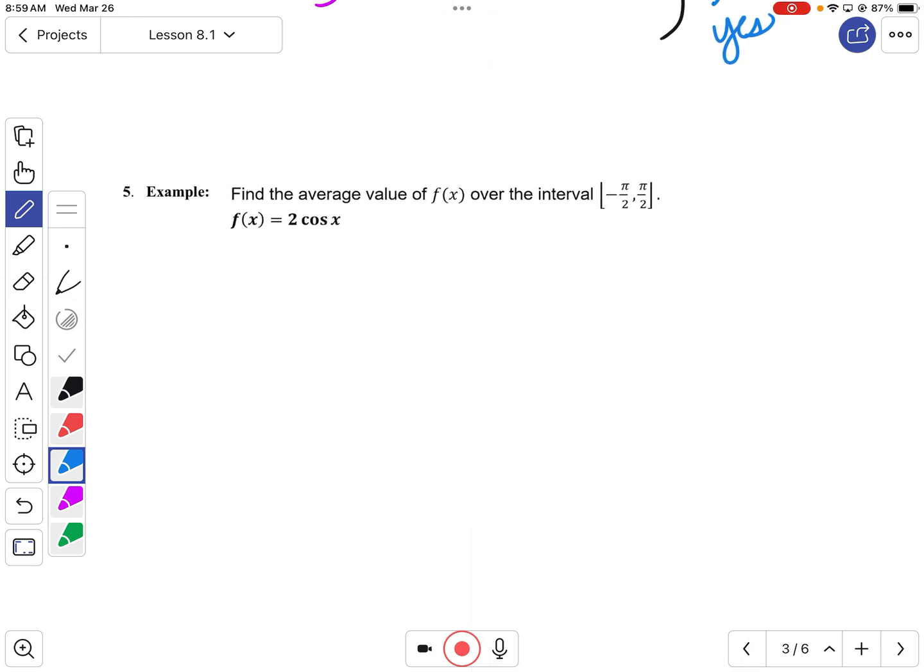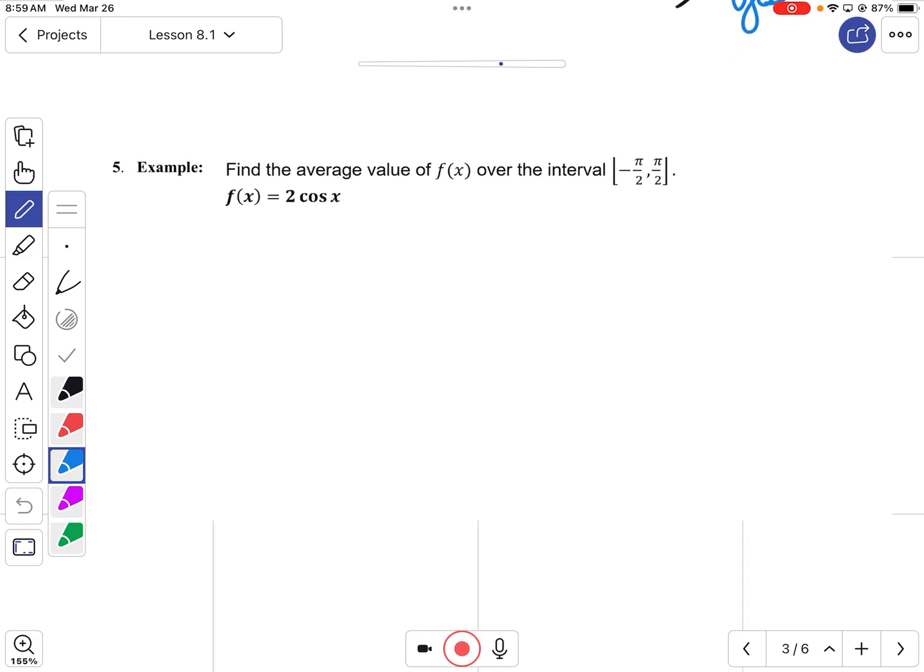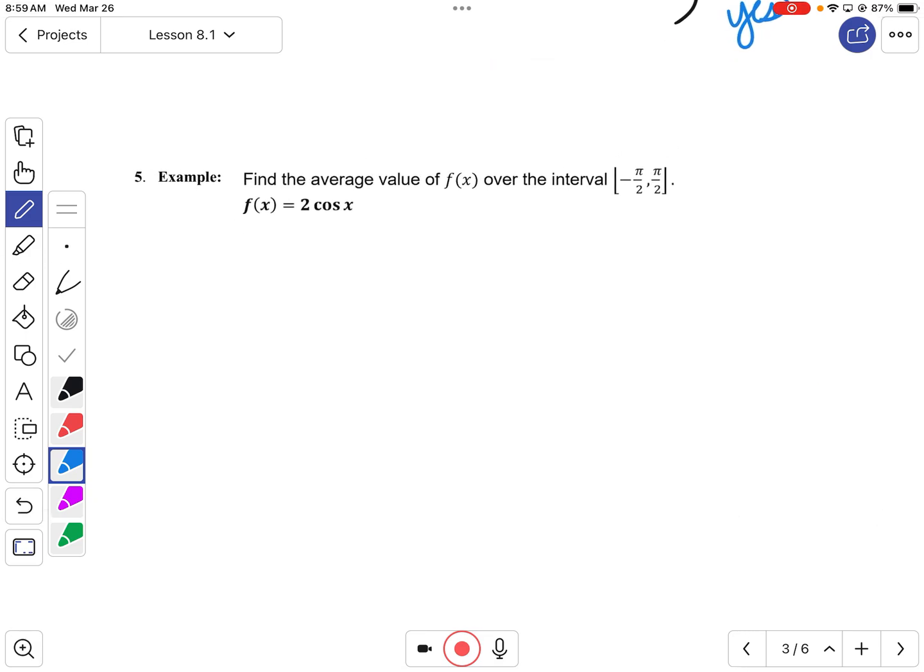Some antiderivatives, little trig there for fun.